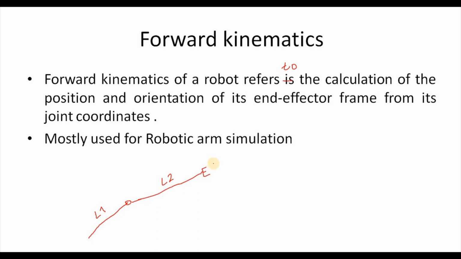Forward kinematics means you have to calculate the position and orientation of this end effector, this gripper, from its joint coordinates, when the angles of the joints, theta 1 and theta 2, are known.